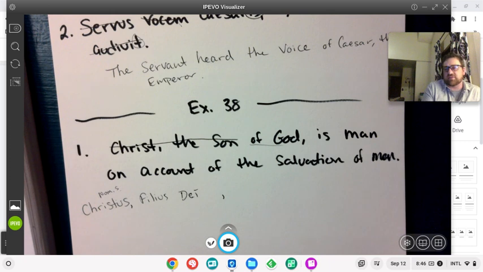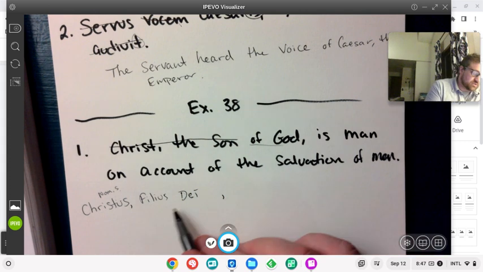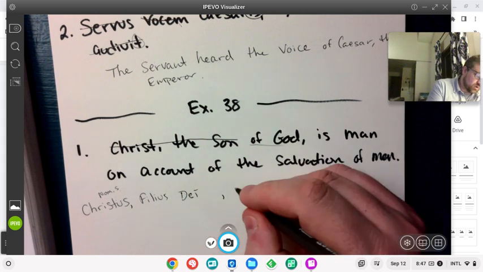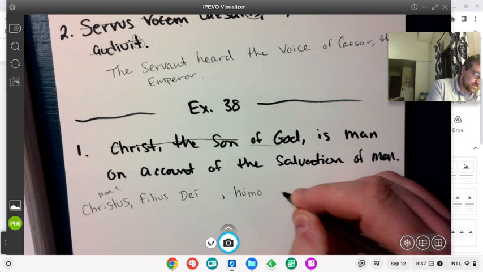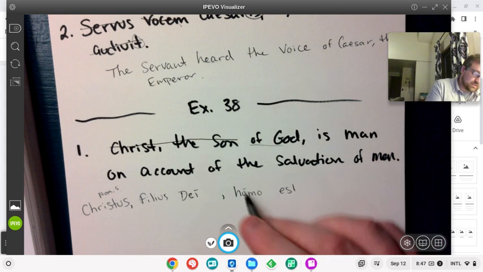I don't know if on this one we want to kick our verb to the end, although it wouldn't be counted wrong. Latin was very, very flexible in the order that you could put words in, because what was more important is what did the words have the right endings on them. So Christus Filius Dei homo est. And now this we also want to be in the nominative.